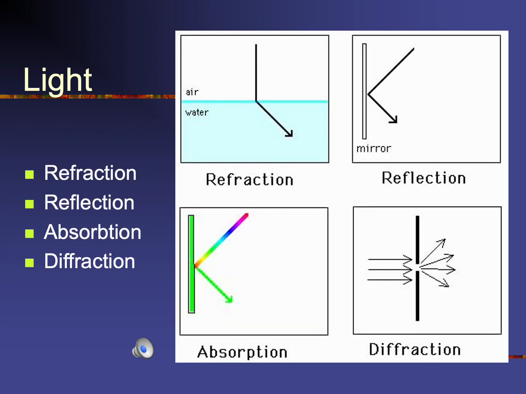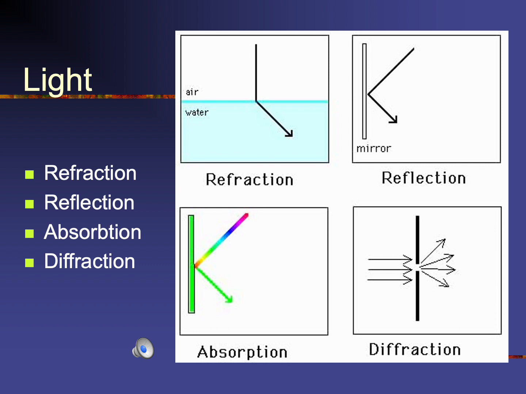Here are some more elemental aspects of light that have a lot to do with how light deals with either reflection off objects or media that it passes through. And these are just four aspects. The first is refraction, which you've all probably experienced if you go into a swimming pool.